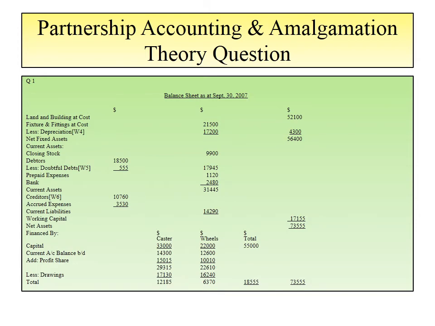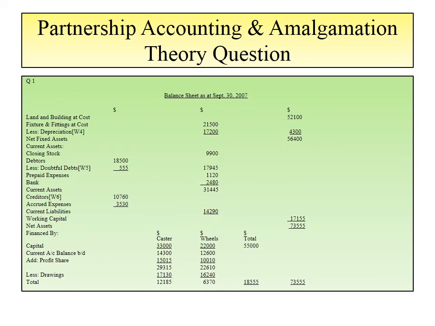Now we calculate the current assets. Closing stock is given in the additional information, 9,900. Debtors we get from the trial balance 18,500, and the allowance for bad debt or doubtful debt is also calculated, calculation is done in the last slide, 555, and if we deduct it from the debtors amount, we get the net debtors amount, 17,945, and prepaid expenses are added up.